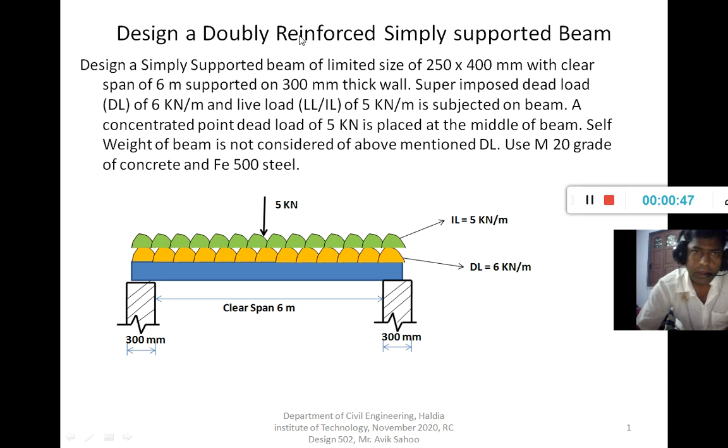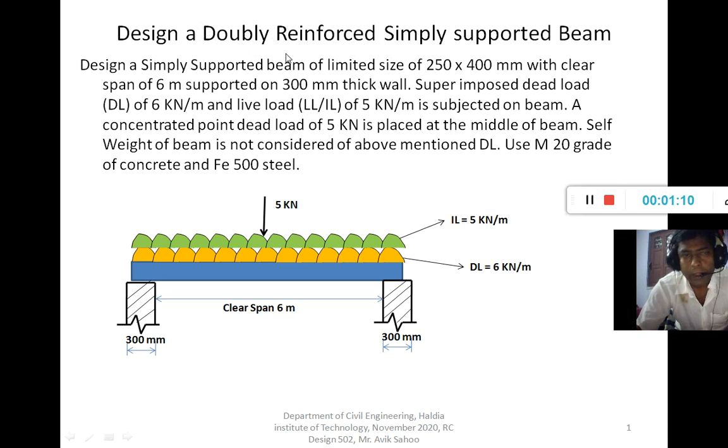And one another point that you have to remember is that generally a doubly reinforced section is costlier than a singly reinforced section, because in a doubly reinforced section we are using more steel.